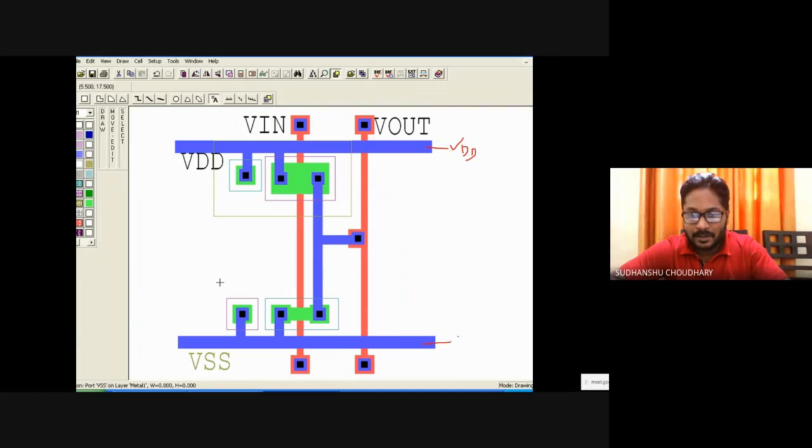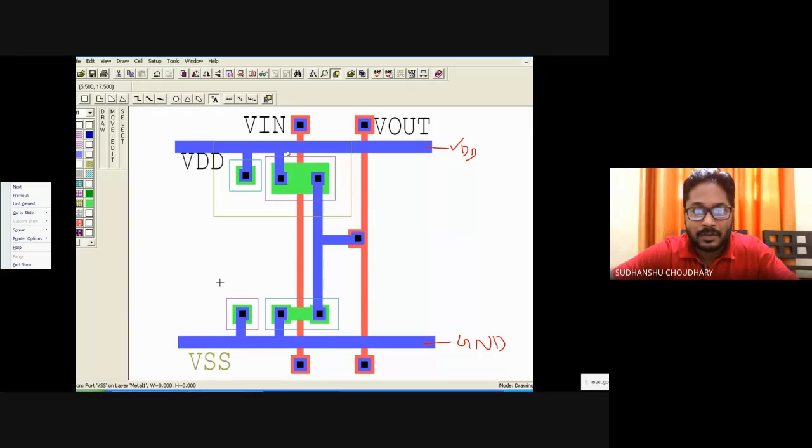So the next process is that we need to learn how to draw the layout of the CMOS inverter. And the reason we learn this is because we want to extract the parasitics from this layout. Obviously, depending upon how you draw the layout, how optimum your layout is, the parasitics can also be optimized.